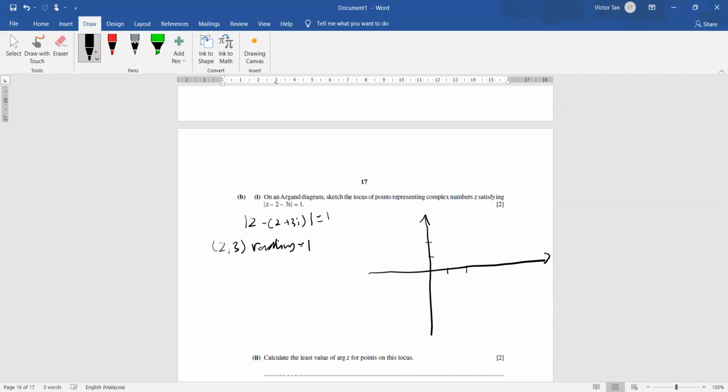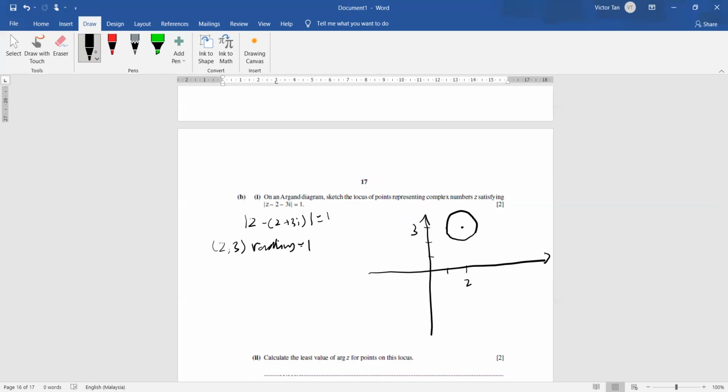One, two, three. This is 3. 2, 3. Radius 1. So I'm trying to draw by freehand. Okay. This is the locus of the point.